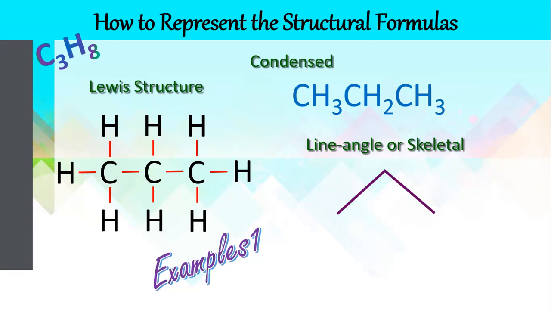So how does this work? If we have a molecule like propane, we're not going to show the carbon atoms, but we're going to show the bonds between carbon atoms.